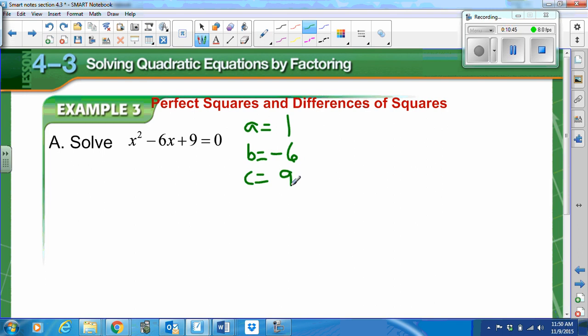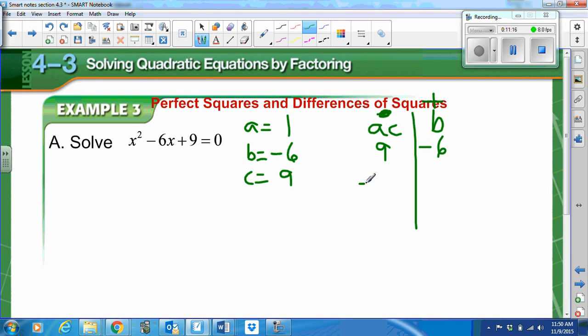Now the way the book teaches factoring is you multiply a times c, and in this case, a times c is equal to 1 times 9, which is 9. Now we want to say what b is, and on the other side of the chart, we declare that b is -6. So the point of this chart is you're figuring out what multiplies together to give you 9, and what adds together to give you -6.